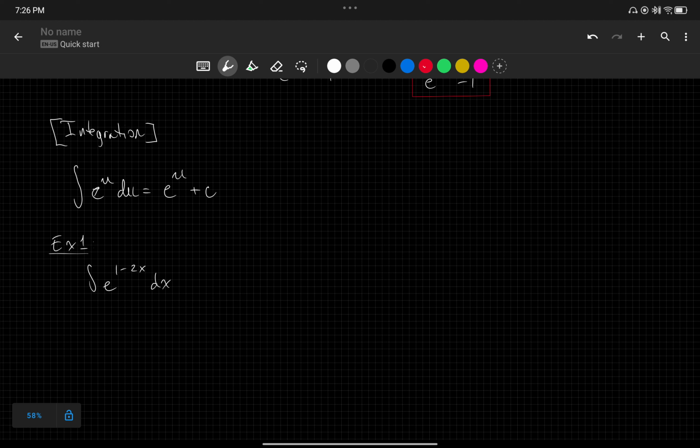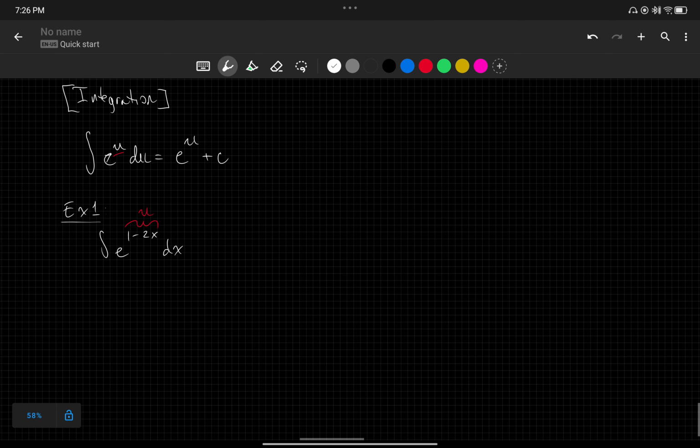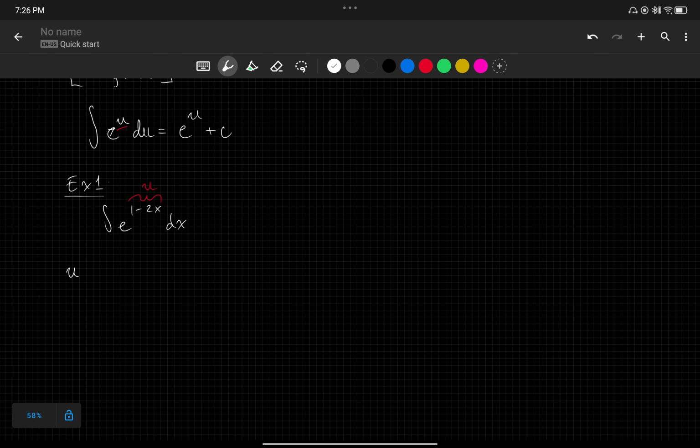So this is going to be very straightforward at the beginning, because the natural choice, right? If you just look at it, usually the challenging part of integration is knowing how to choose u, the substitution. Well, u should be that. So let u be 1 minus 2x.